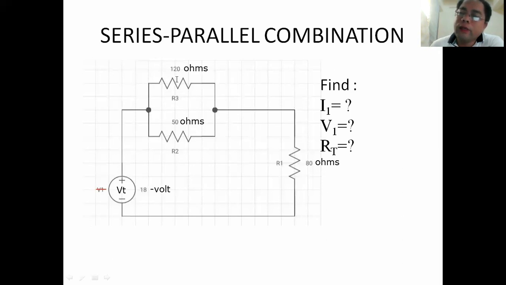The way you answer that is by removing one of the devices. If you remove one of them and the circuit still allows current to flow, then that is what we call a parallel connection. However, if you remove R1, this 80 ohms resistance, and the circuit cannot allow current to pass anymore, then this is in series to the battery and in series to these two.